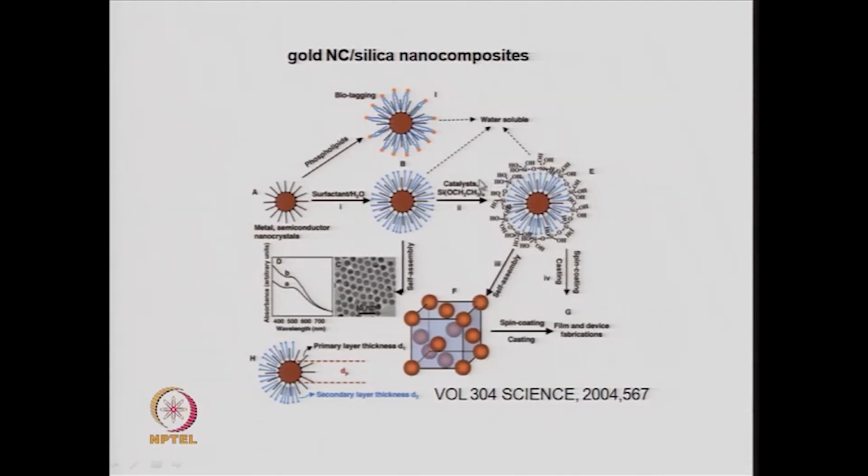So, silica is formed on top of gold starting from these silanol groups, and when they self assemble you can get this kind of particles. And here also you can do self assembly and get these particles which you are seeing of gold particles, and since gold has a plasmon resonance, you can measure the absorbance in UV region, visible region.